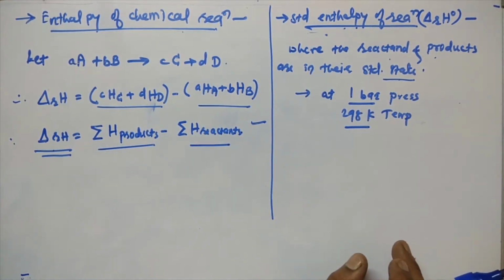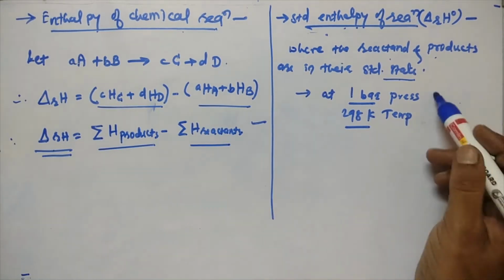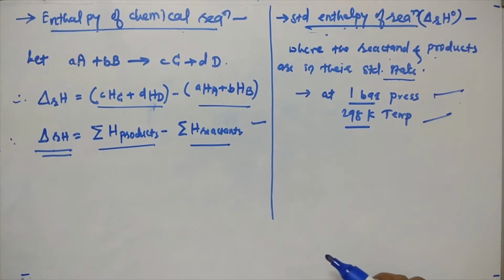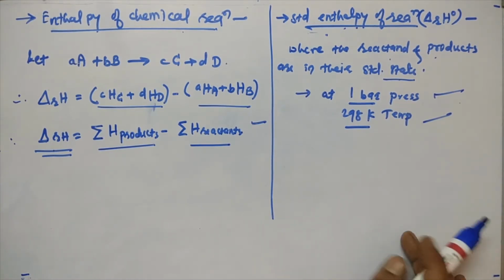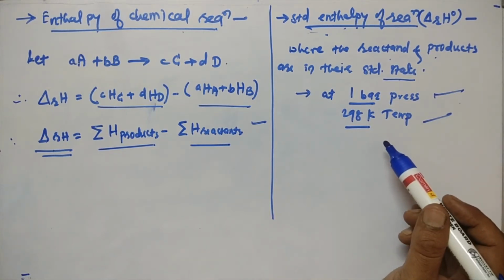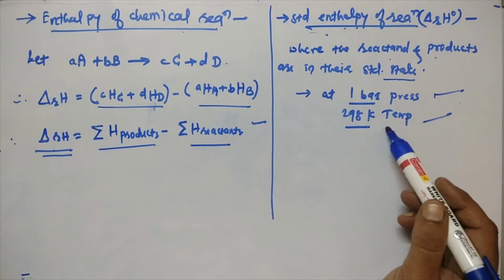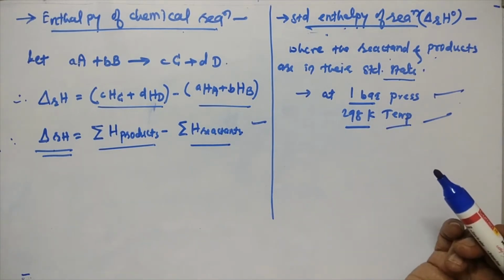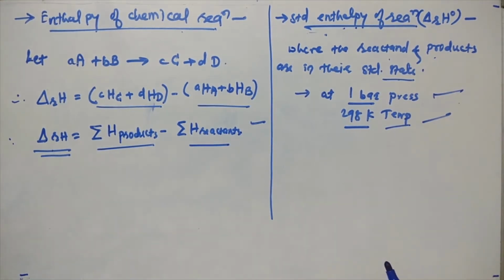For a particular substance, the standard state is the form in which it is most stable at 1 bar of pressure and 298 Kelvin of temperature. Okay.